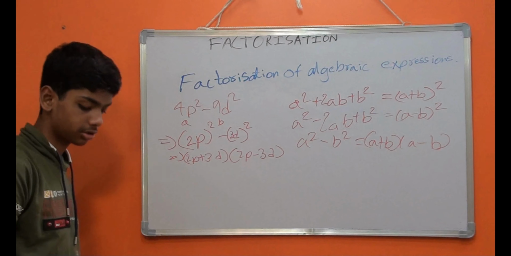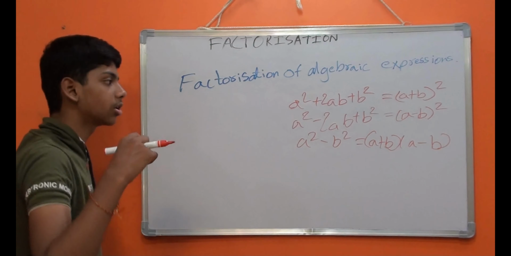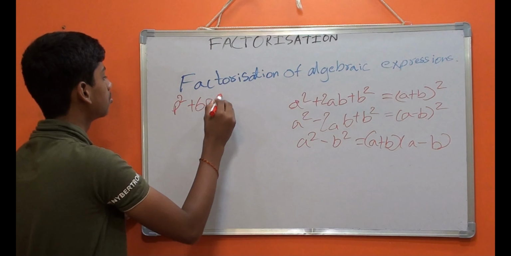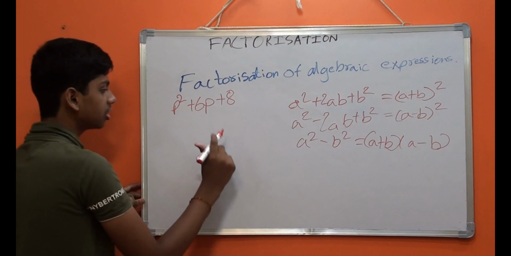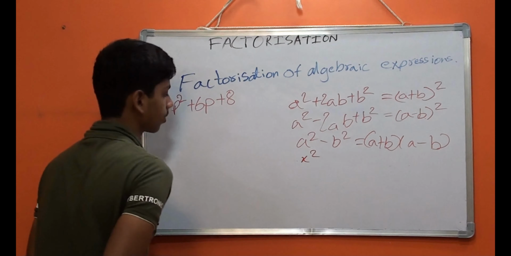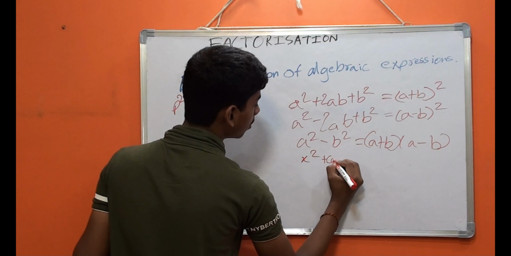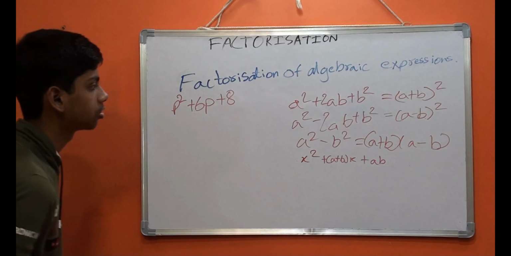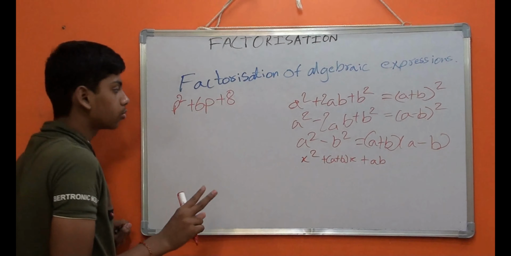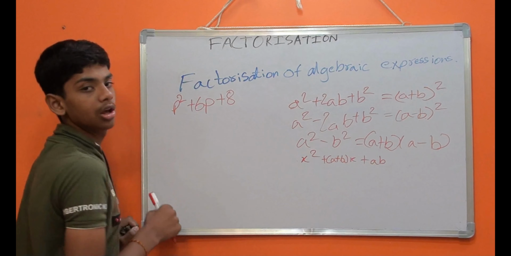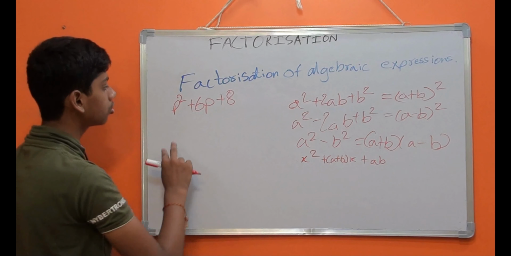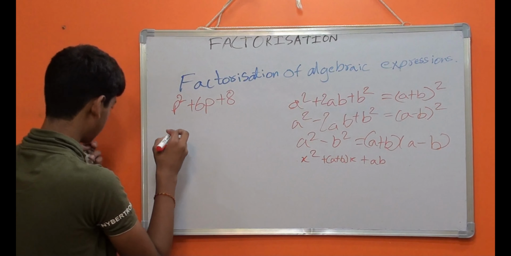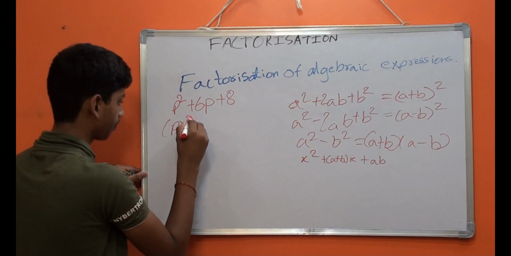Now we'll go on to the next question. So guys, now we'll do the next question, which is p square plus 6p plus 8. So this is in the form of x square plus (a plus b) into x plus ab. So here we should take two numbers whose sum is 6 and their product is 8. So those two numbers are 4 and 2. So in the x place we take it as p. So p square.